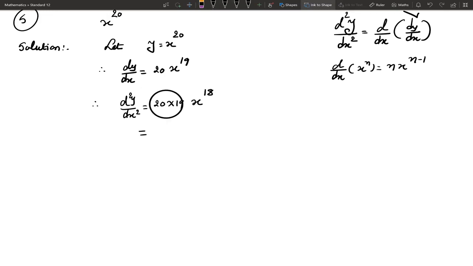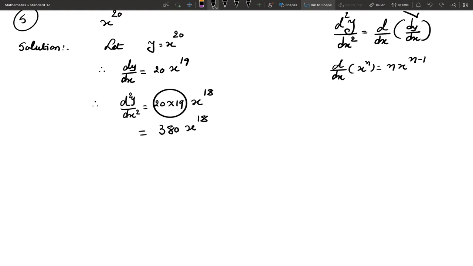20 into 19, so it will be 380 x raised to 18. So this is second order. Similarly, you can also go for higher order derivative. You can also obtain third order derivative.